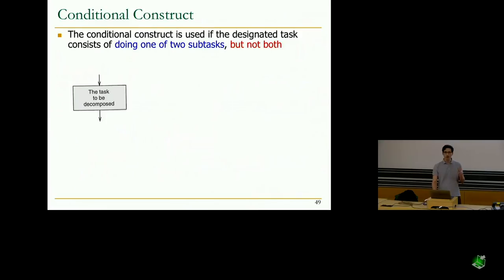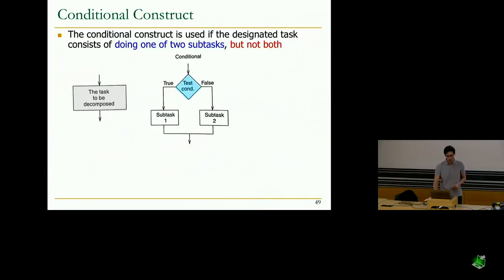Conditional construct: we also have 2 subtasks, or 2 subunits of work, but only one of them is going to be executed depending on a condition. That's what we do with the conditional statements, with the conditional branches, as we have seen, and we will see now again. So we have a test condition. If it's true, we go to subtask 1. If it's false, we go to subtask 2.